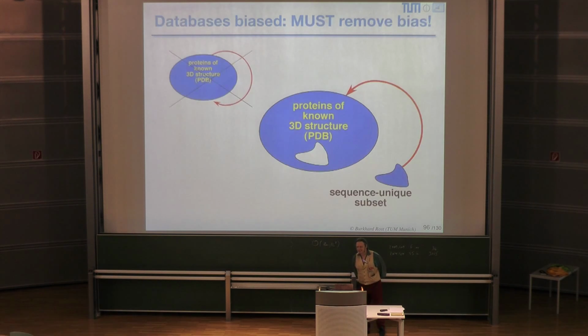It's not that simple, and we will get back to that in more detail later in the lecture. It is an essential and important step, and that is about sequence-unique subsets. Part of that has to do with the way biology evolves. I said that to do a protein structure experimentally costs about $1 million. Now, once you have one, to do another one for a very, very similar protein is cheaper.